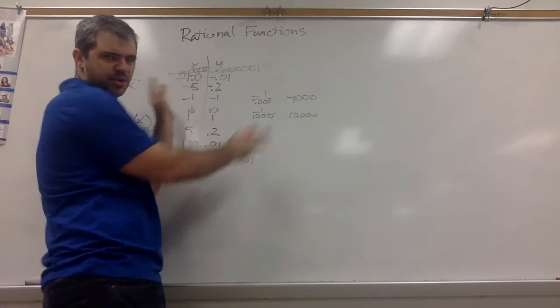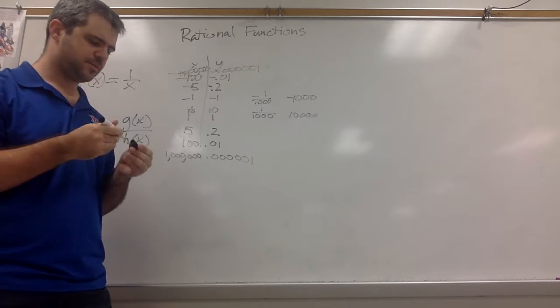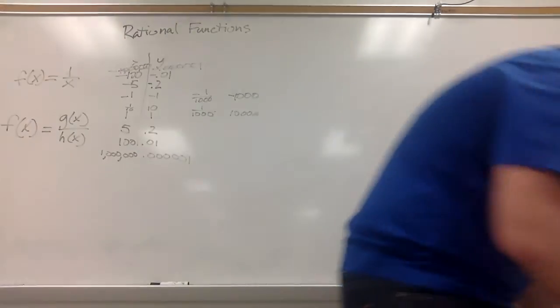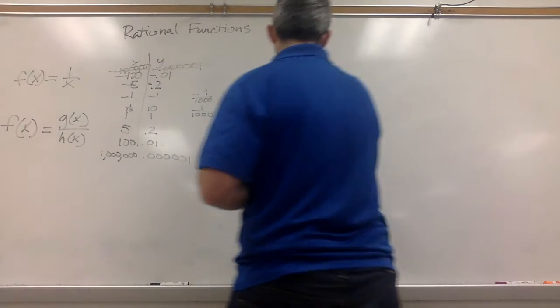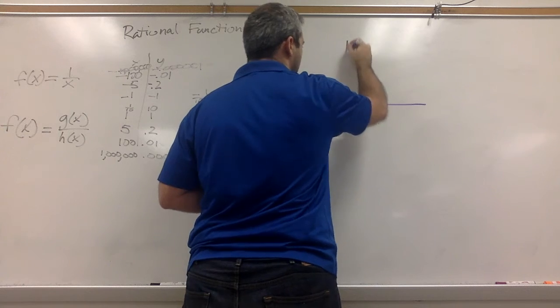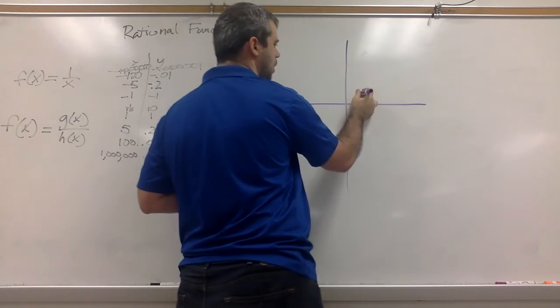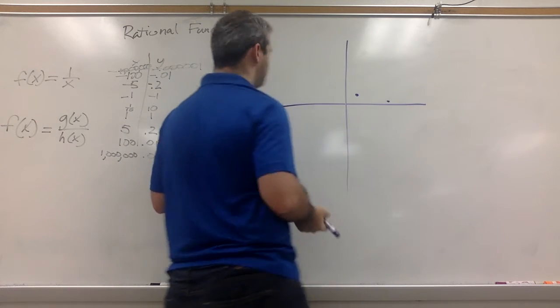All of these numbers may be jumbling your brain a little bit. Let's look at a graph, because that's going to clear things up. So we've got 1, 1. We have 5, 1/5.